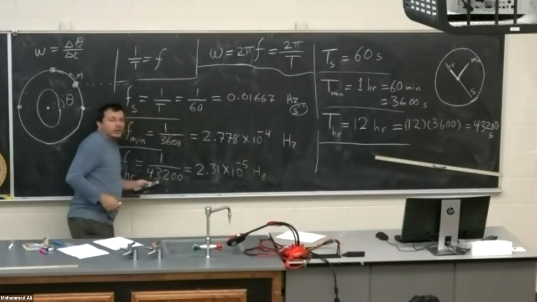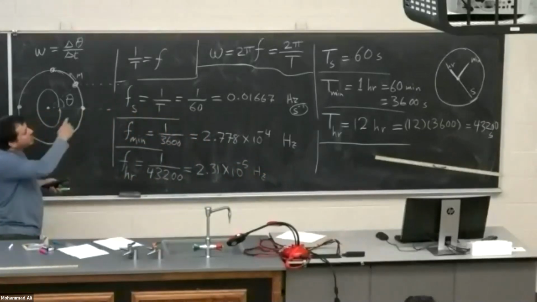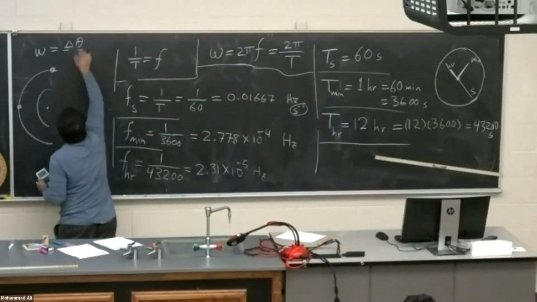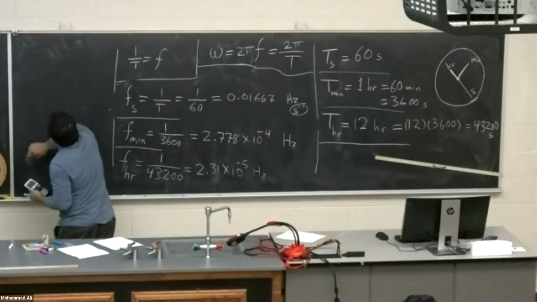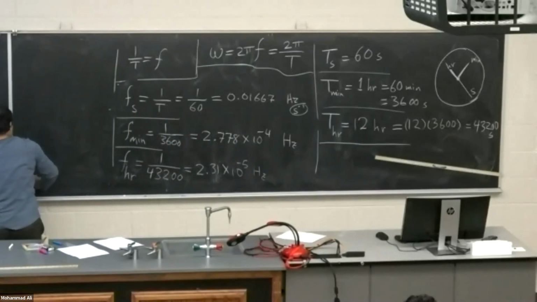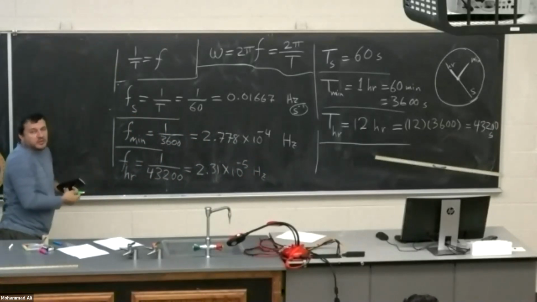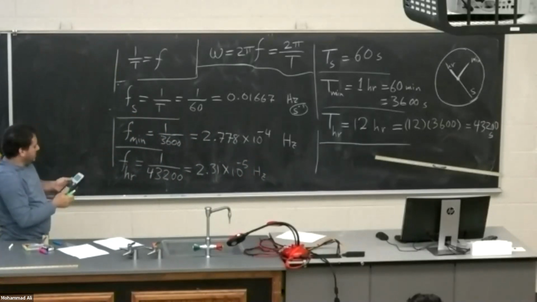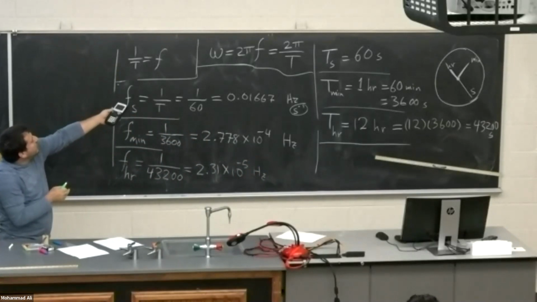It is small. It needs more time to repeat one motion. Okay, what else can we find? It's a simple question. It's the kind of question that comes in the exam. Okay, let us find omega.